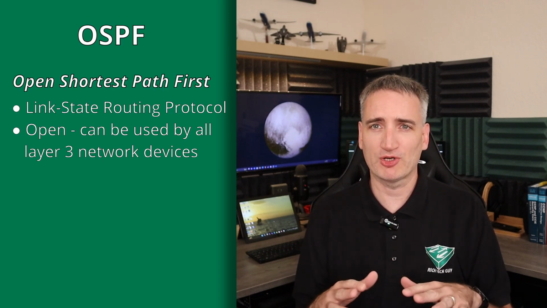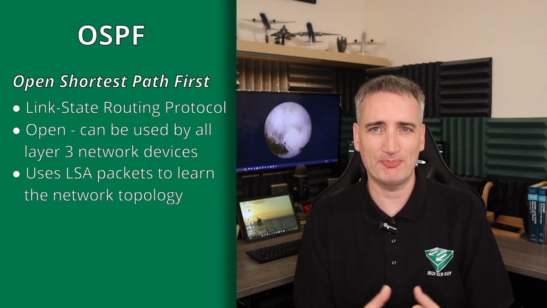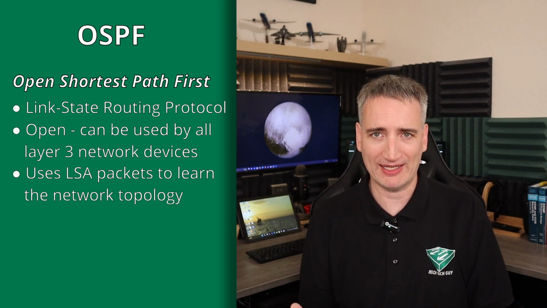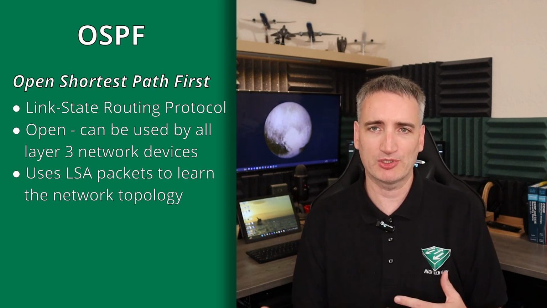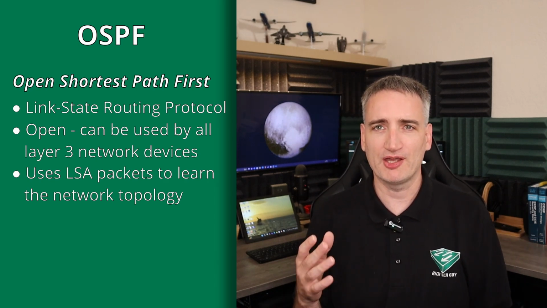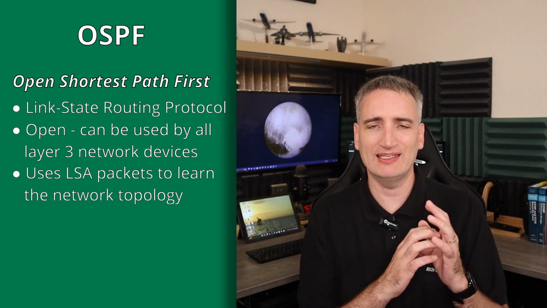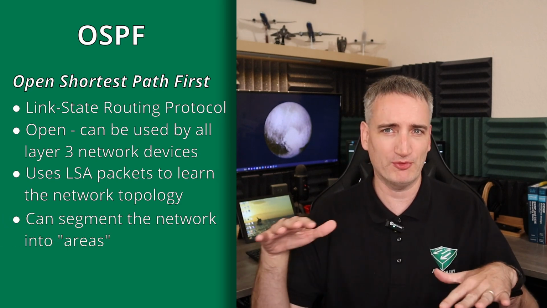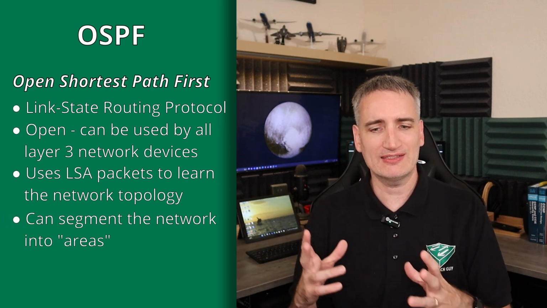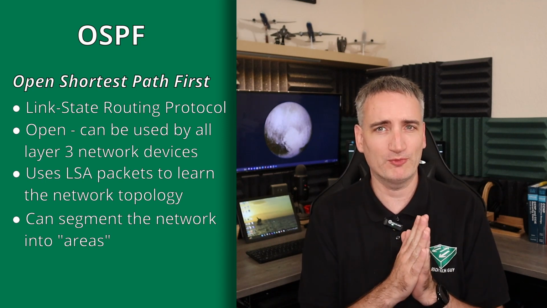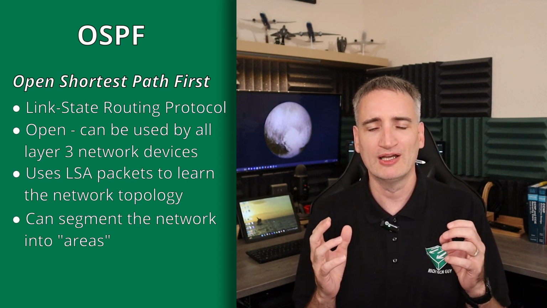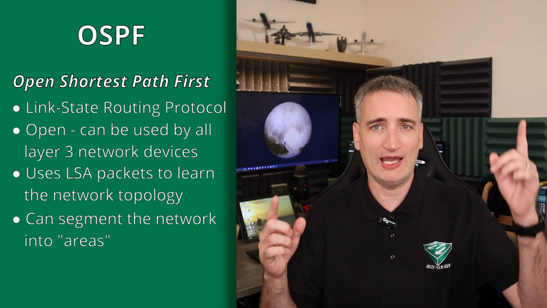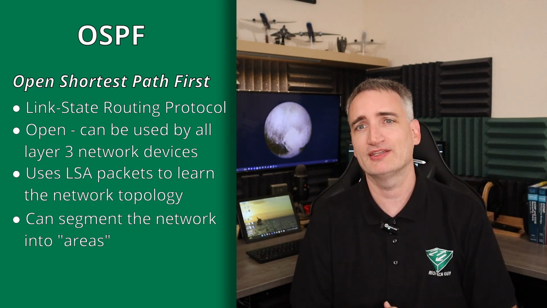Now, the way OSPF works is it builds out a network topology by flooding the network with what are called LSA packets, and then learning about the network from other routers. Another great feature of OSPF is it gives you the ability to segment out your network into different areas. And as a result of that, OSPF really is a versatile routing protocol, and it is the subject for another video. When I make that video, I will link it up above and in the description below.